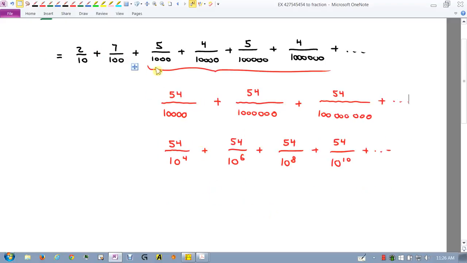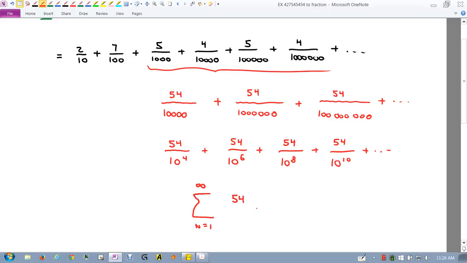Can you give me just this red, and please do not forget, we have to come back and address this up here. But just in red, can somebody write this in sigma notation? This is equal to what? Sum n equals 1 to infinity. What never changes? 54, okay.